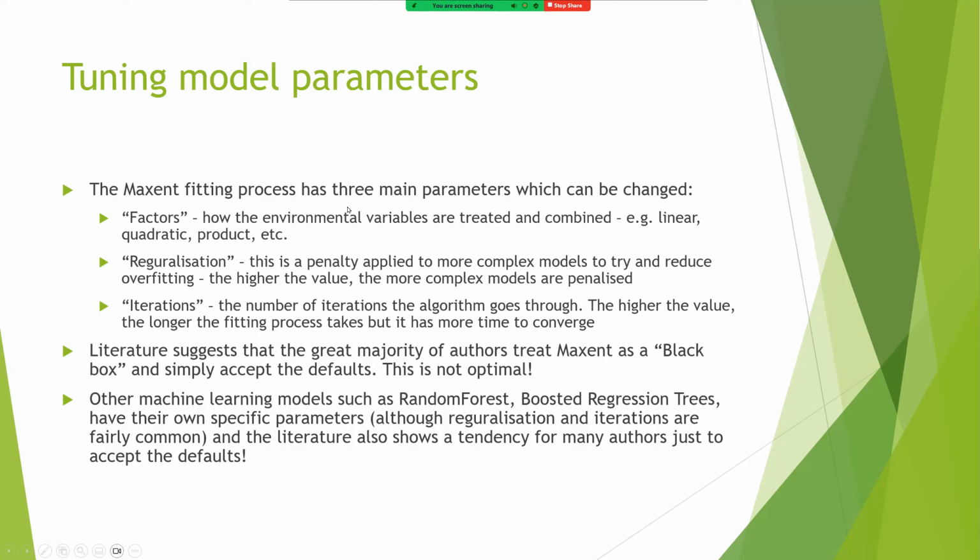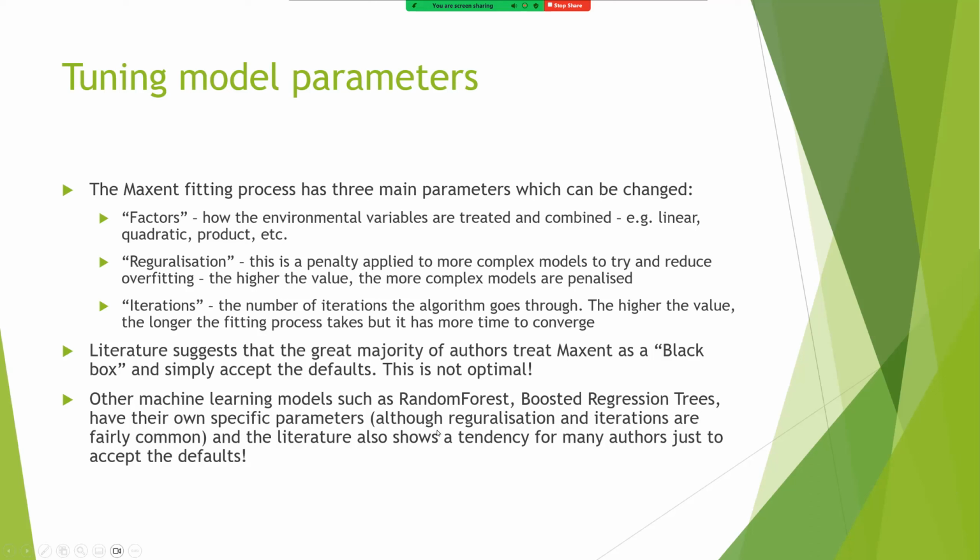And again, research has shown that these variables do make quite a difference to the quality of the model. But if you actually do a literature search, you find that the great majority of authors simply treat Maxent as a black box and accept the defaults. So a lot of people don't really bother with this.